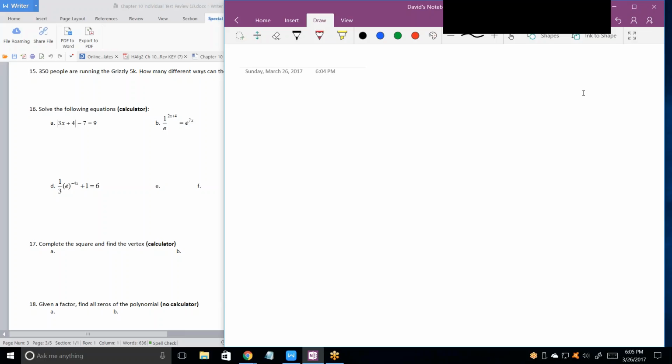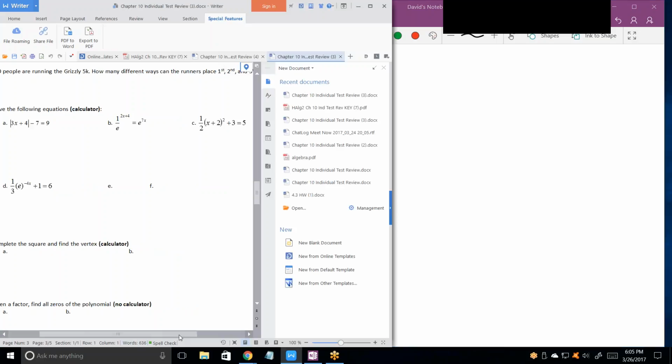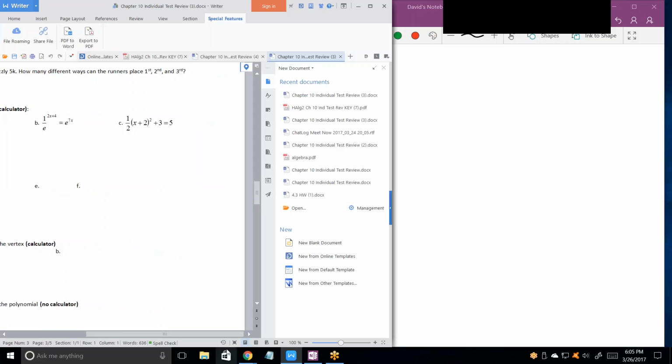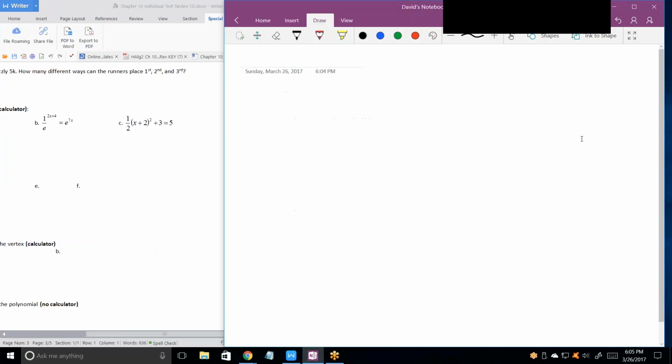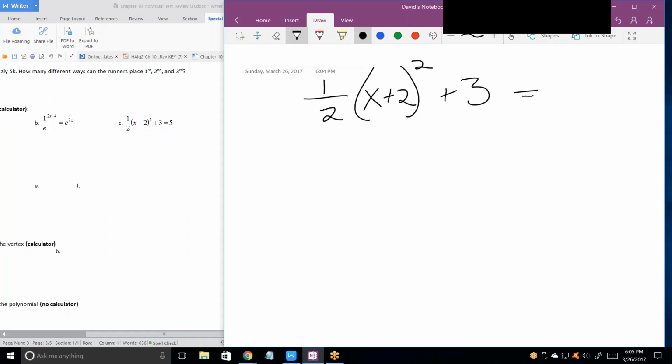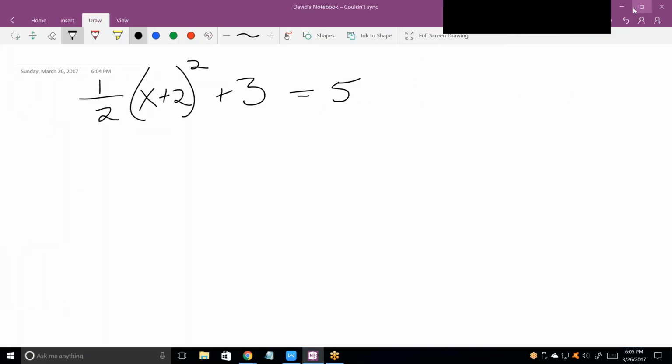Let's look at C. What's the first step here? Subtract 3. Okay, so I'm going to get rid of that and turn that into a 2.